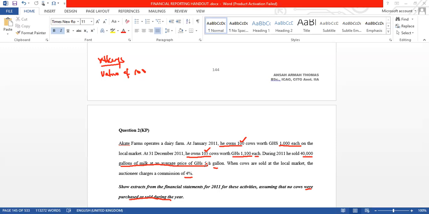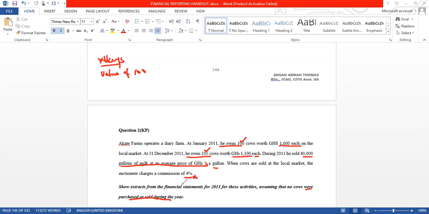Okay. So they tell you that when cows are sold, the auctioneer at the market takes 4% commission. So if the price of the thing is 100%, then the commission takes 4%. Now, what is this for? Remember, less costs to sell, estimated costs to sell. This is what we are talking about.